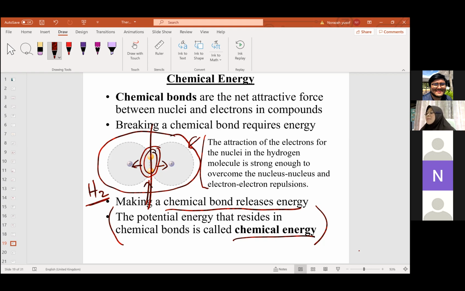But it is very important for you to understand that the energy comes from the potential energy of the electron, to stay at the position where the electron is supposed to be. That is happening in you, in us.